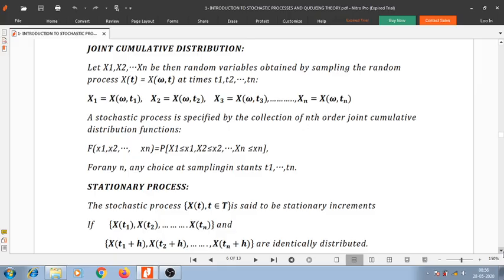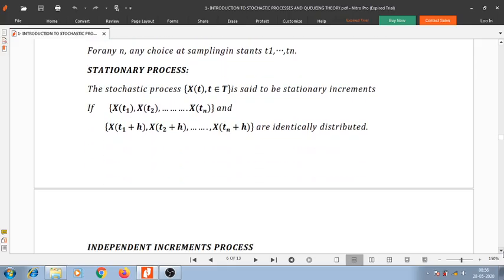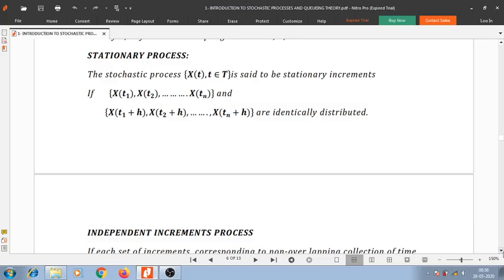Now we are talking about the basic process of stationary independent increments. What about a stationary process? A stochastic process X of t, t belonging to capital T, is said to have stationary increments if the sequence of random variables X of t1, X of t2, etc., X of tn is identically distributed to X of t1 plus h, X of t2 plus h, etc., X of tn plus h. What do you mean by identically distributed?